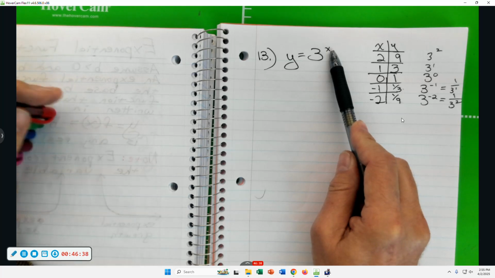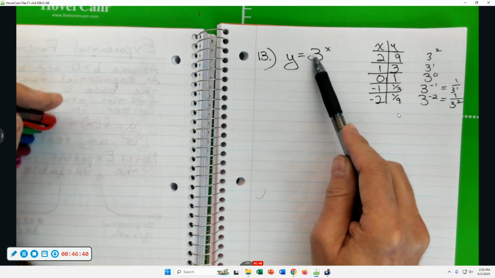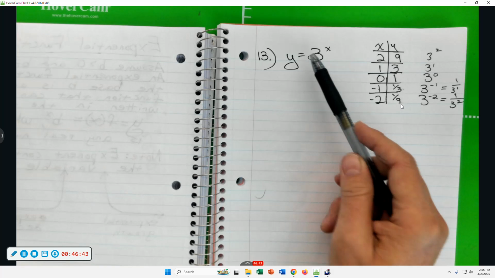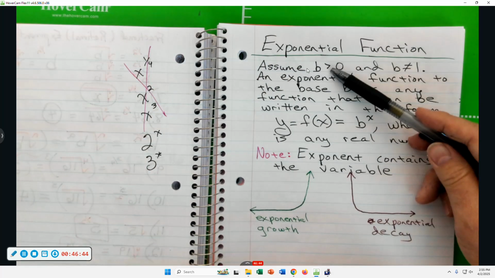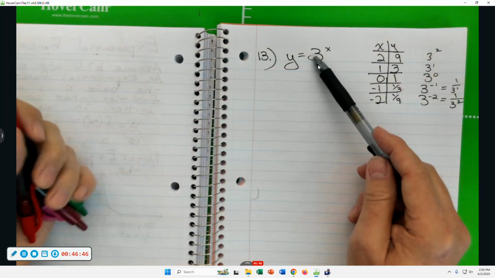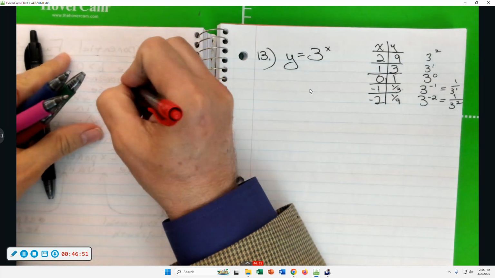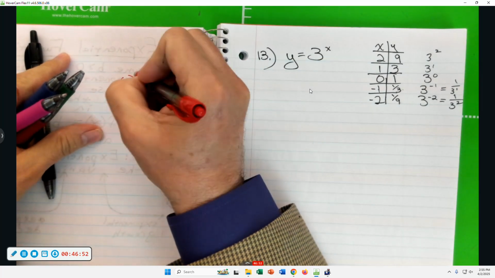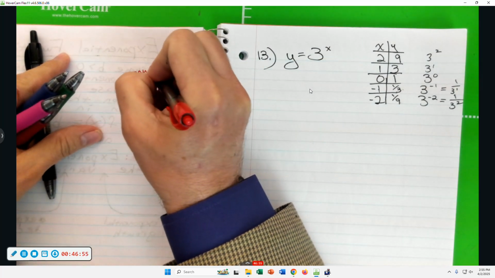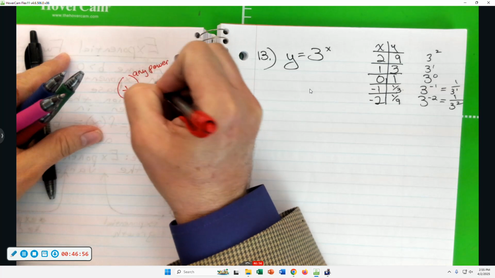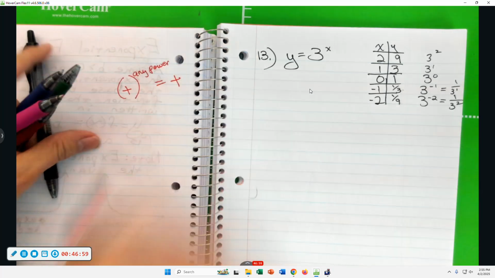It'll never be negative. Remember I said that the base has to be positive. So a positive number to any power will always be positive.